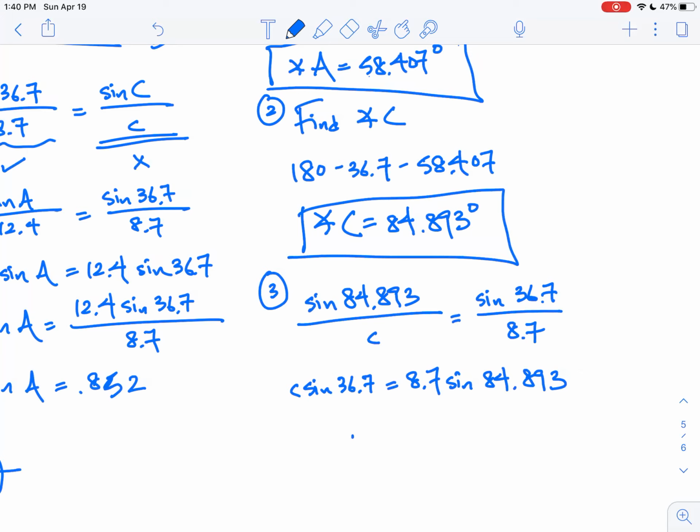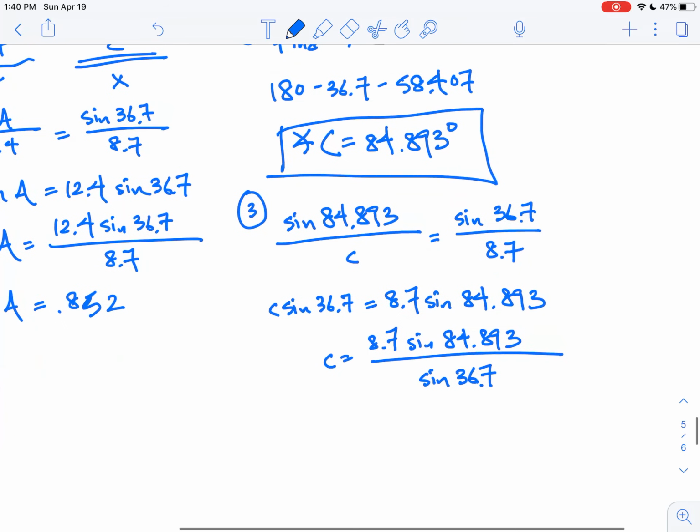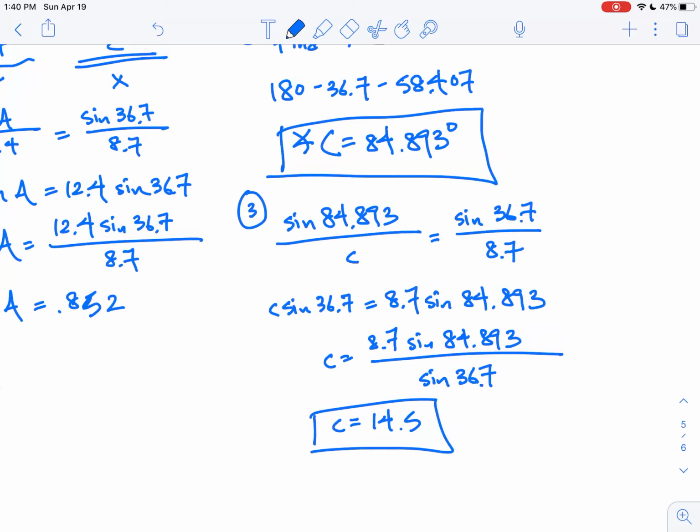And then I'm going to divide, so I'll get 8.7 sine 84.893 over sine of 36.7. And I'm going to see what I get as a decimal for c, and I get about 14.5. All right. So with case number 1, I was able to find all of the pieces. I found an angle A, it allowed me to find an angle C, and it allowed me to find little c.